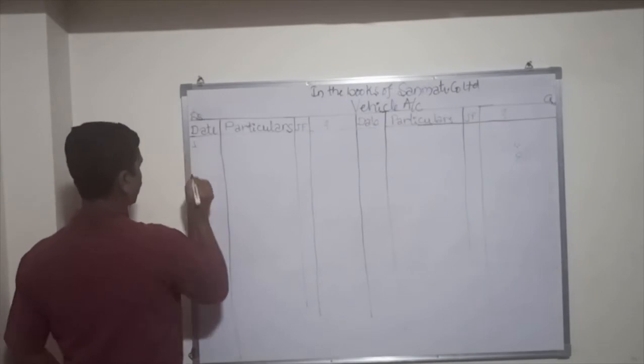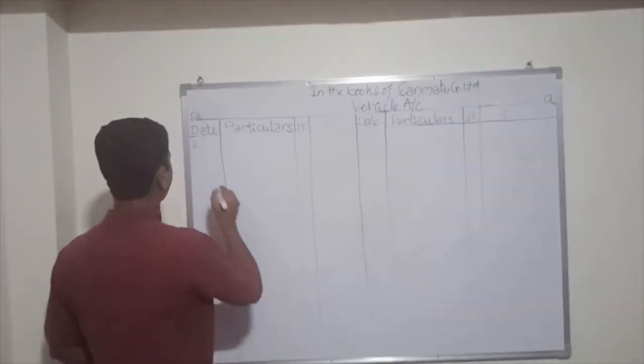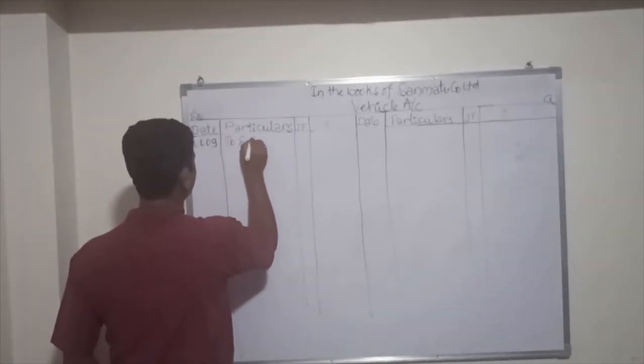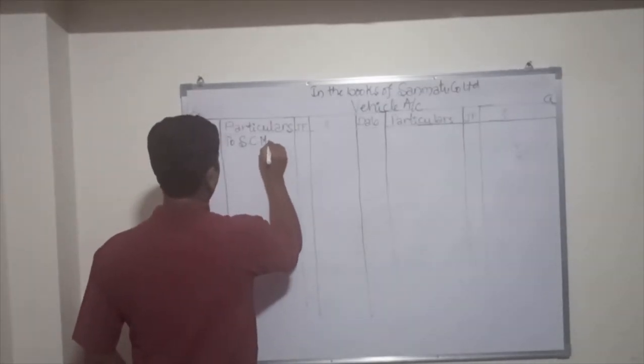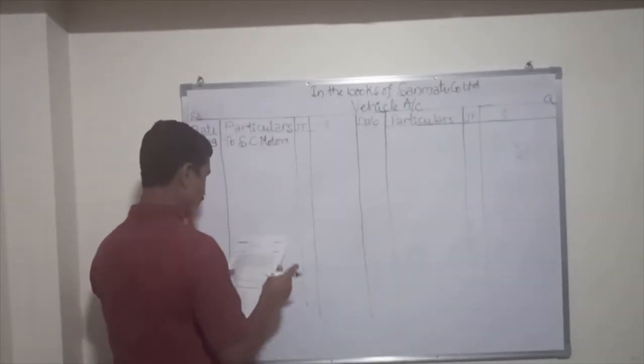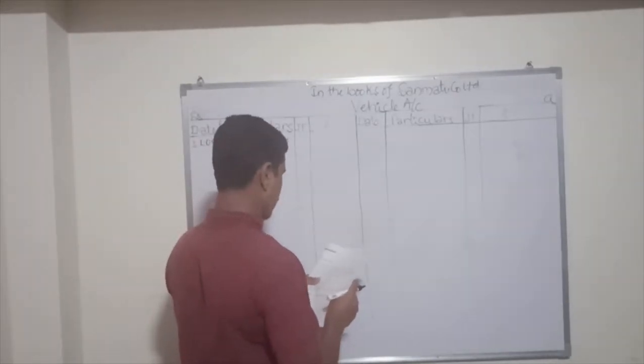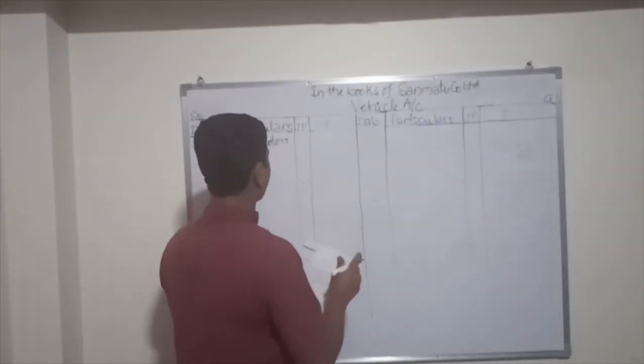So the agreement is signed on 1/1/2009. When the down payment is receivable, vehicle account debit to SC Motors, who are the vendors here. The down payment is rupees 20,000.